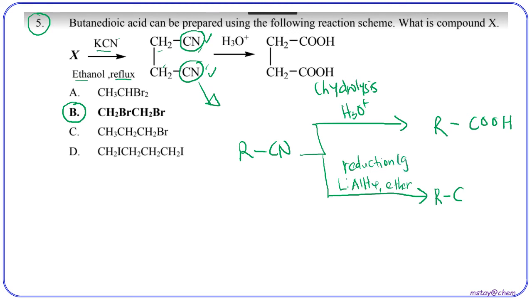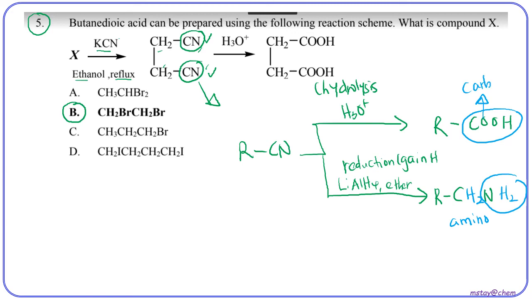Generally, reduction means gaining hydrogen, so the carbon will gain 2 hydrogens, and the nitrogen will also gain 2 hydrogens. This one is known as an amino group, and this COOH is the carboxyl group.